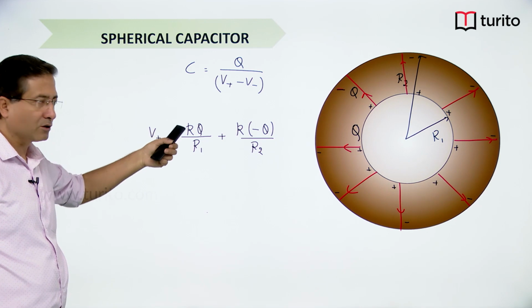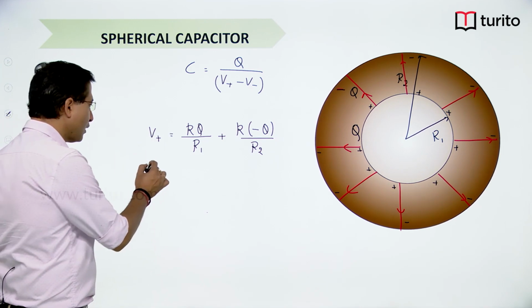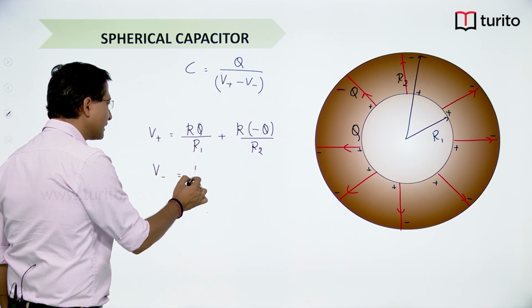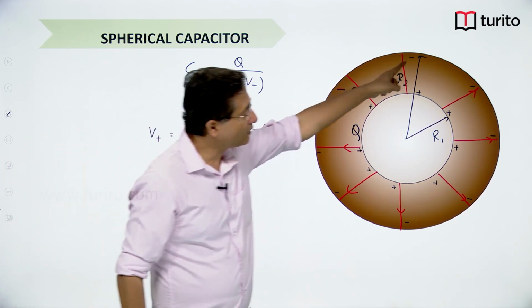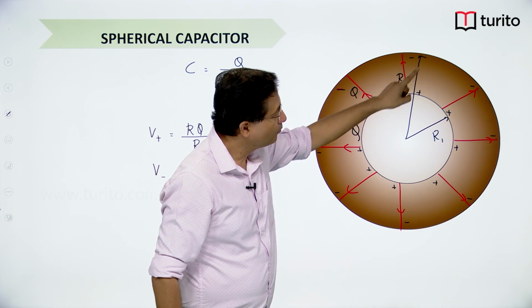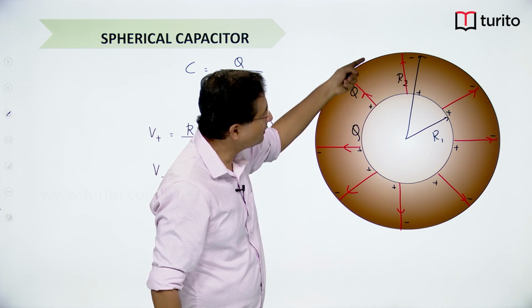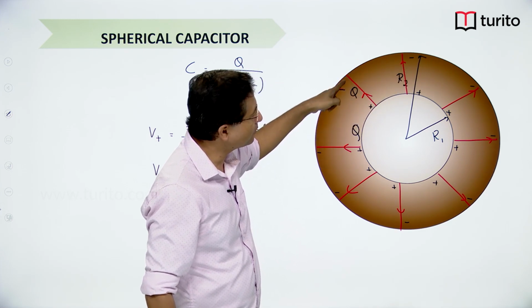Inner one is positively charged. Now, the outer one which is negatively charged, that can be written kq. For the outer one, because of these two charges I need to write potential, because of this charge and because of this charge.